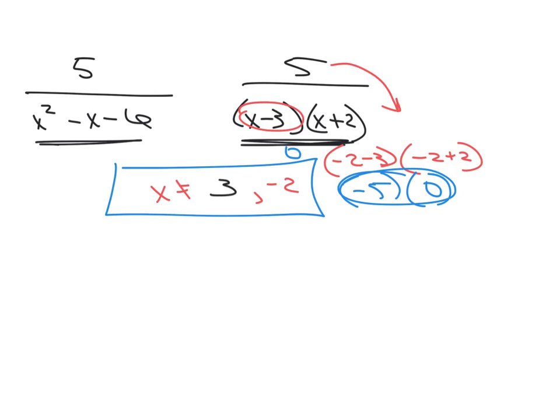So there are some numbers that make this answer non-existent, and those are the numbers that we cannot use. When we ask what x can be, x can be any number we want, possibly, but it cannot be 3 or negative 2, because then the original problem does not exist.